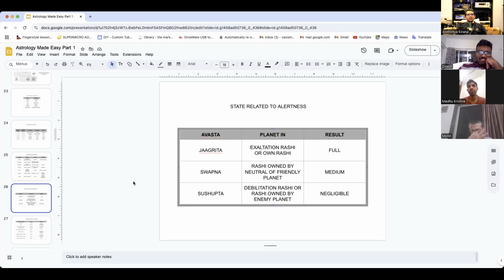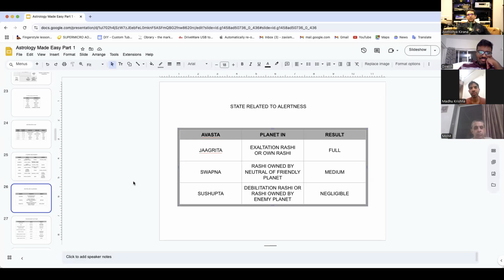If diamond is giving you very good results in the workplace, it may give very bad results in health, because it is in bad avastha in the health chart. It is in very good avastha in the work chart. People see only, oh, very good for you. Where diamond? Ah, nice. After 6 months, they'll come with bad health, sir. What to do?